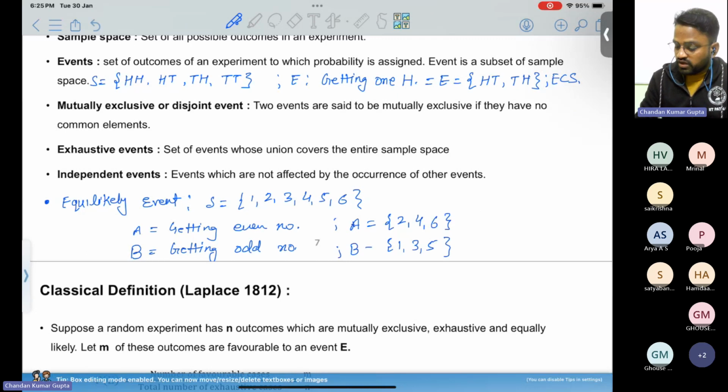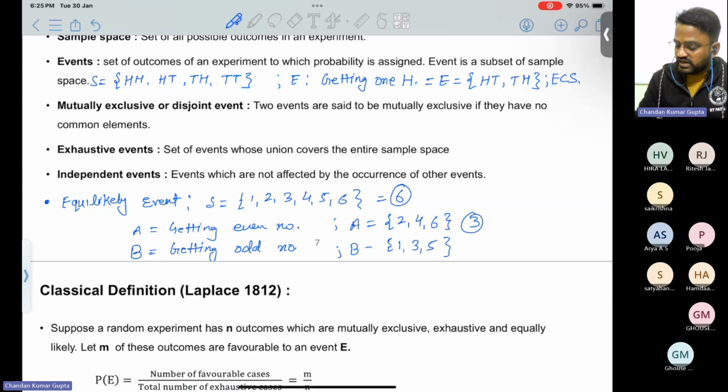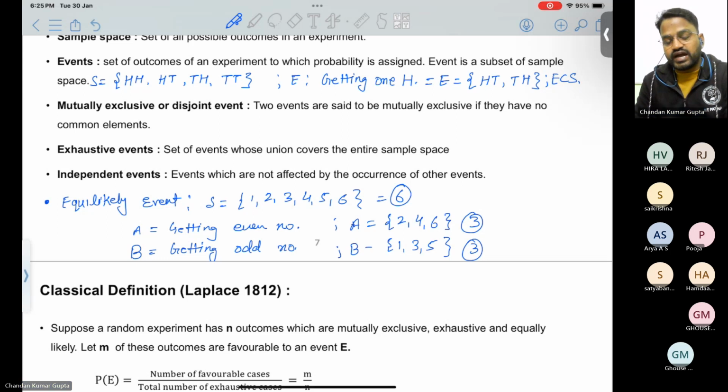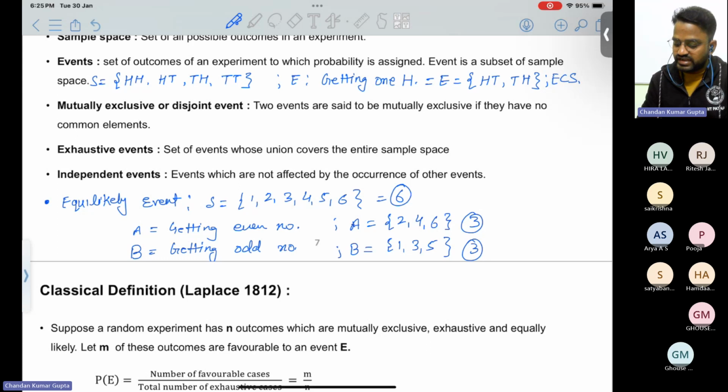Since there is a total of 6 outcomes, and 3 belong to A and 3 belong to B, it is equally probable. The chance of occurring A and the chance of occurring B are the same. So event A and event B are equally likely.